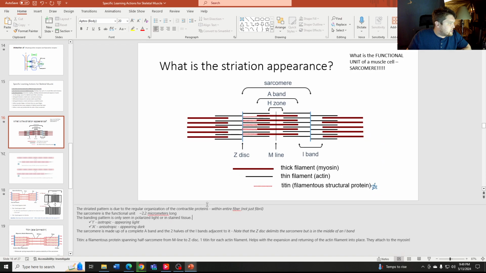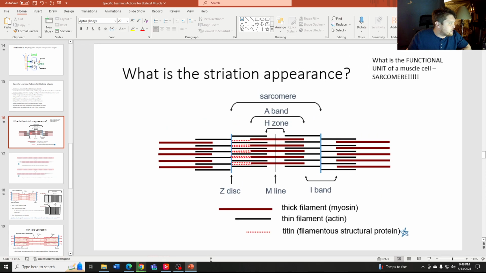These represent specific things. The A band right here is going to represent the full area. So taking a quick step back, look down here at the bottom. The thick filaments are a protein known as myosin.